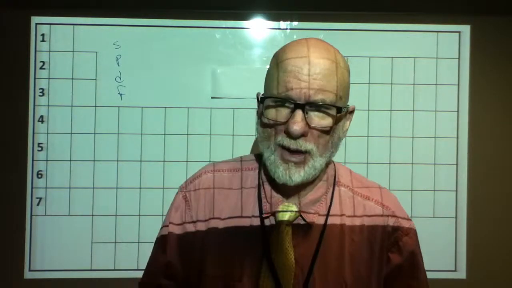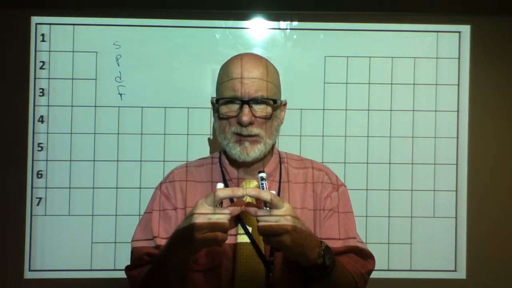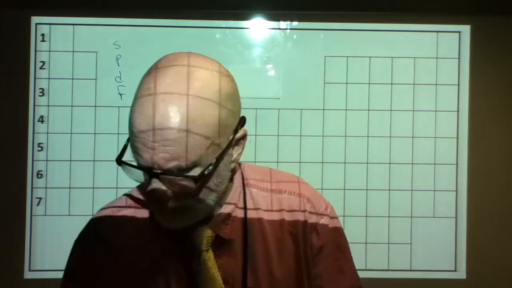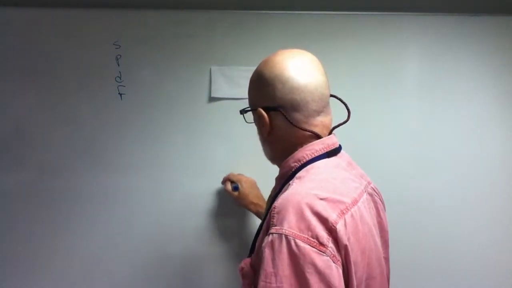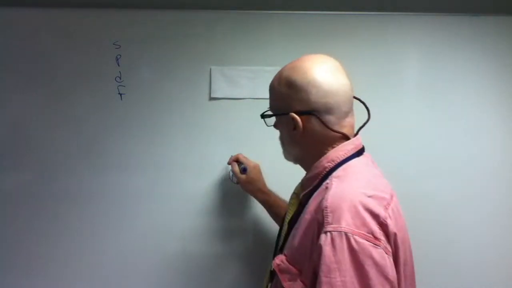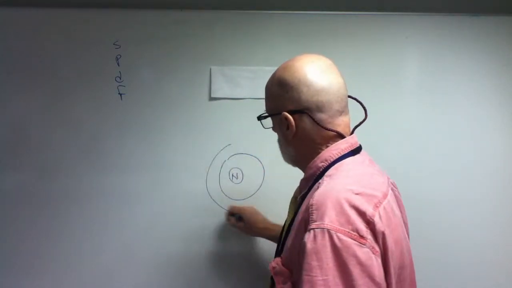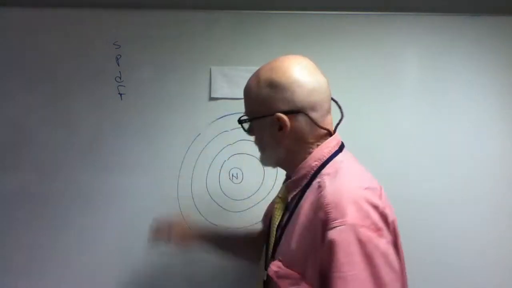The Bohr model had the nucleus in the center, yes? And then he had the electrons orbiting the nucleus, like the sun and the planets, kind of like the planet model, yes? So here's Mercury, Venus, Earth, Mars, etc.